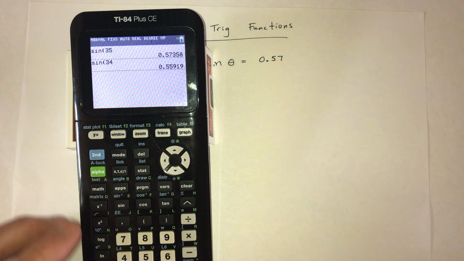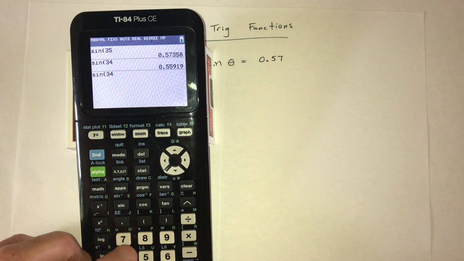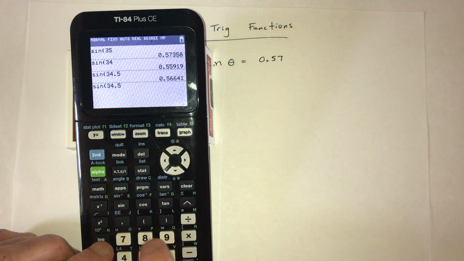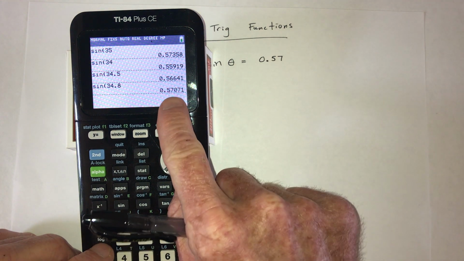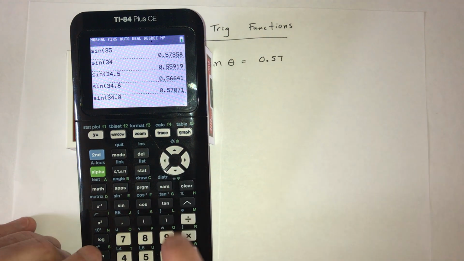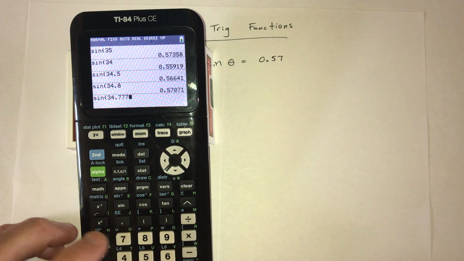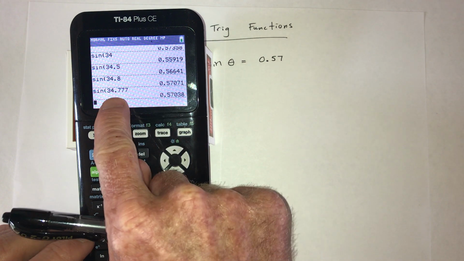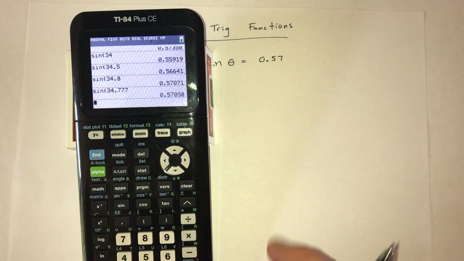No, it's got to be between 34 and 35, so 34.5. Nope, 34.8, 0.5. Oh, that's really close. It has to be a little bit smaller. 34.777. So anyway, I'm getting close. The answer should be 34.7 something.